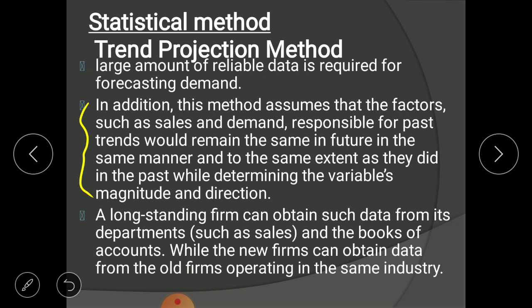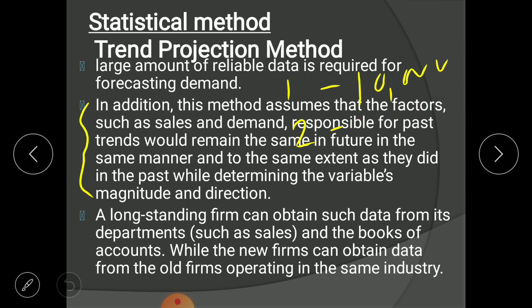Whatever has happened in the past in the same numerical position, everything will happen in the future. Say for example, if in year 1 there is a demand of 10,000, and in the second year there is a demand of 20,000, then in the future also, in the first year there will be a demand of 10,000 and in the second year there will be double demand. So what has happened in the past in the same manner will happen in the future to the same extent.